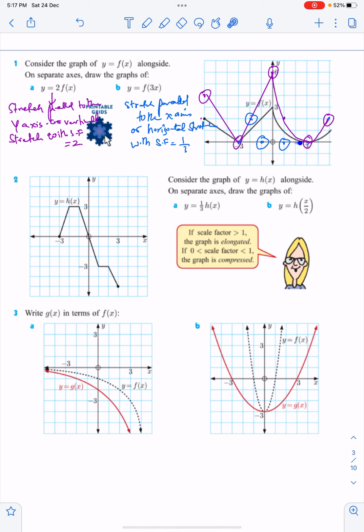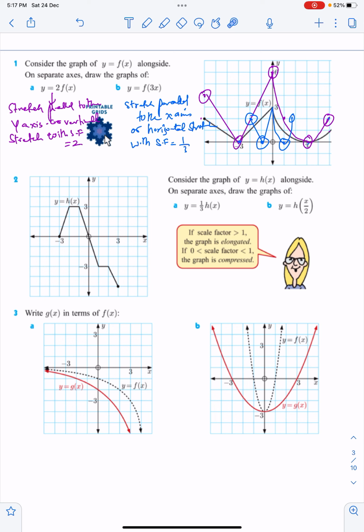Okay, if you notice here, this is 5. 1/3 of 5 is 1 whole 2/3. So it will go here. Now I am just joining them and making the graph. This is going to be the graph.